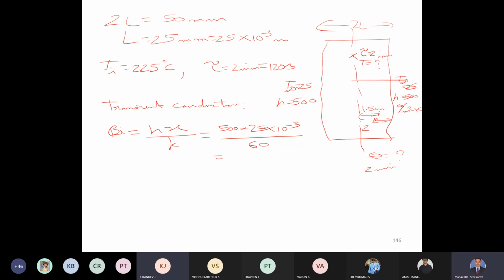You also calculate and tell me what this value is. How much is the Biot number? 0.208, which is greater than 0.1. Therefore, the system is not lumped.